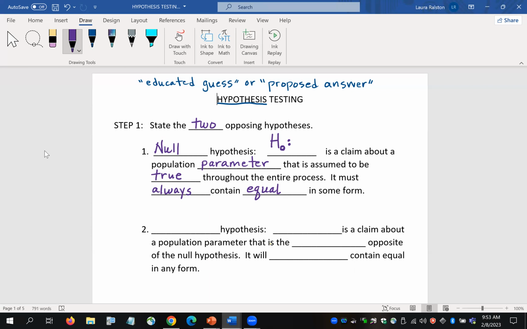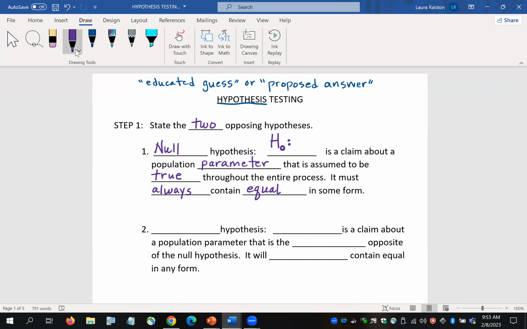And so we assume a person is innocent. In the hypothesis testing process, we assume the null hypothesis is true, accurate, valid, until we prove otherwise.